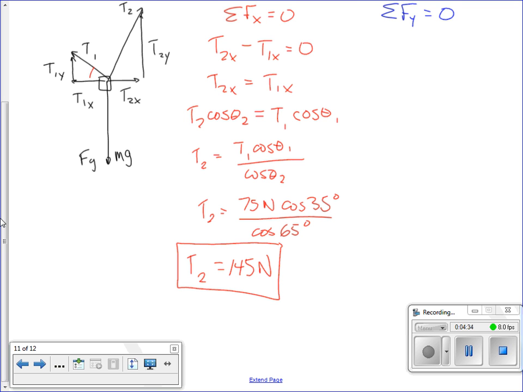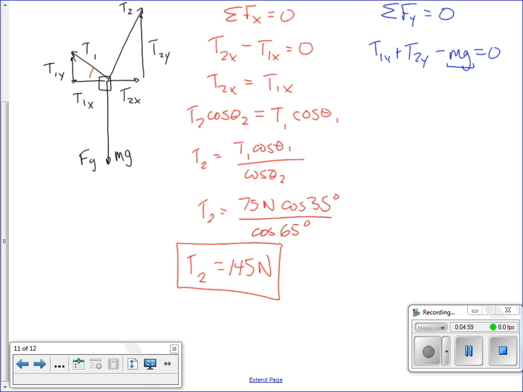What do you think? Well, now that we know T2 and T1 and all the angles, we can go here and write our net force in the y direction statement. We're looking for the mass.